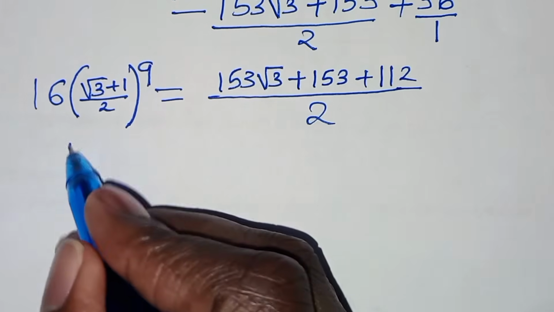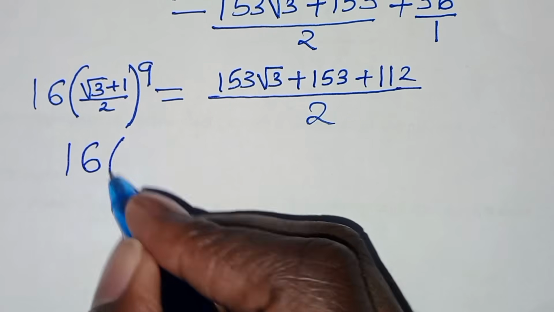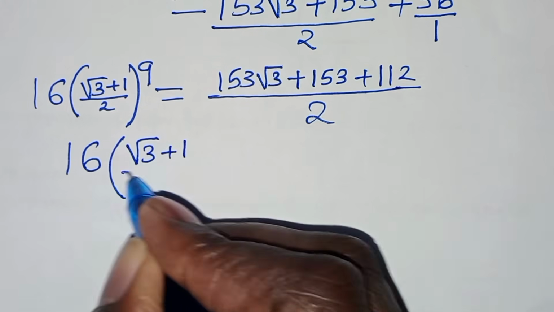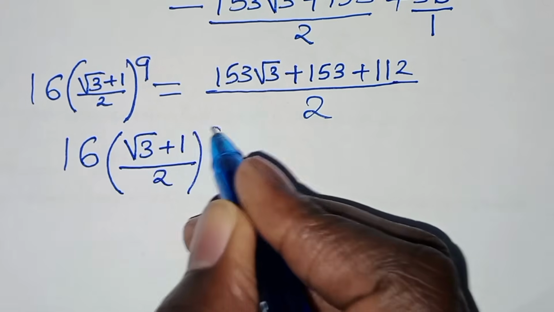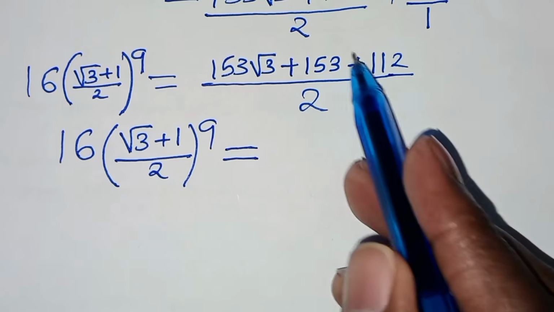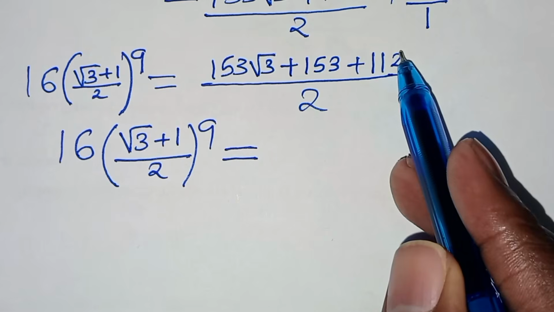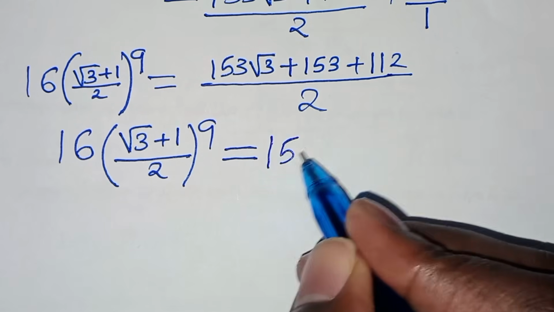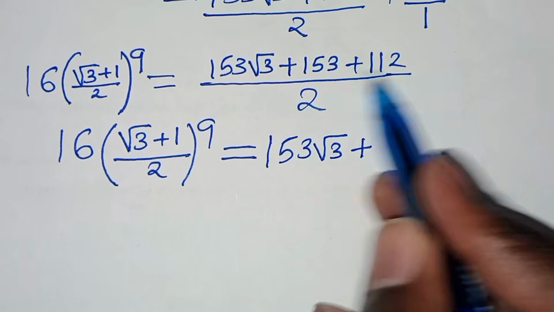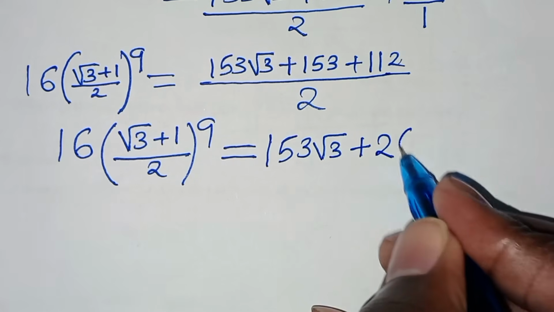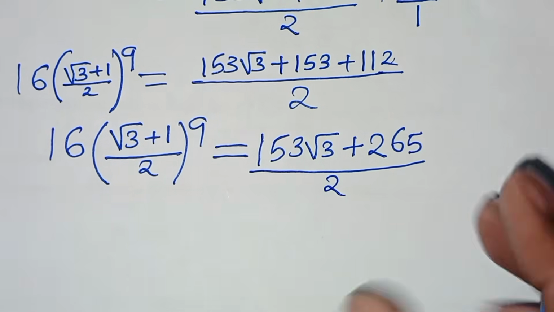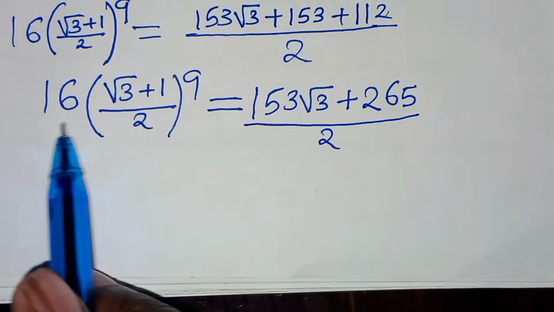So here we have 16 into the parentheses square root of 3 plus 1 over 2 raised to the power 9. This is equal to, now we have 153 plus 112. So that now here we have 153 square root of 3 plus 153 plus 112. This is 265. Everything here divided by 2. But now we have 16 here.